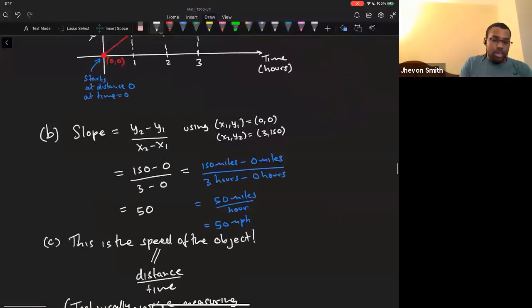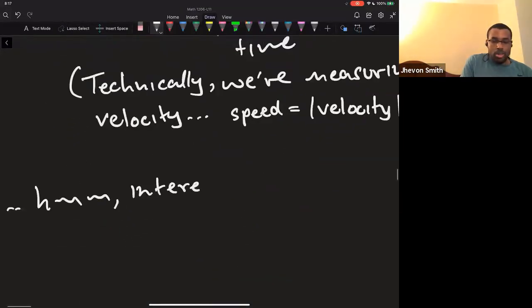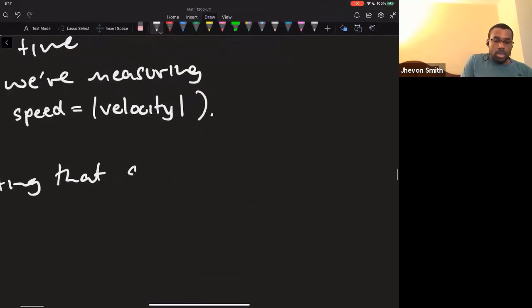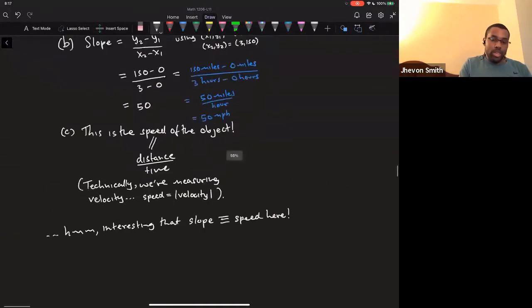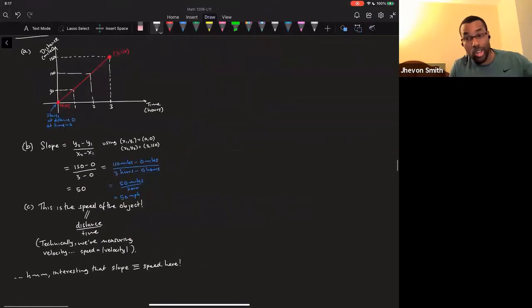So I want you to notice that it's interesting that the slope was equivalent to speed here, right? But that actually gives the mathematician a great idea. In this very simple case, I could think of slope as measuring the speed of something. How fast is it changing? If someone were to ask me, how fast is your distance changing in relation to time?